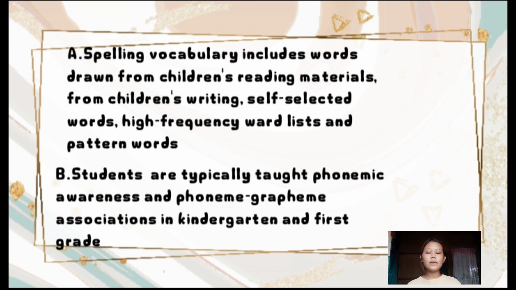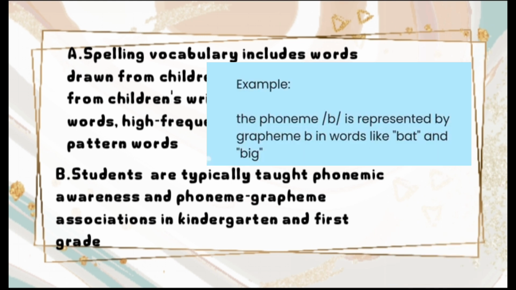Another, what is a phoneme-grapheme? Okay, thank you, very good. Phoneme-grapheme involves recognizing the correspondence between the sounds of spoken language and the written symbols that represent those sounds. An example is the phoneme B represented by the grapheme B in words like bat and big.